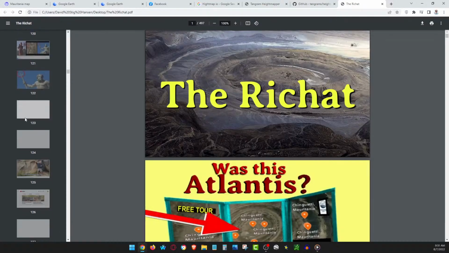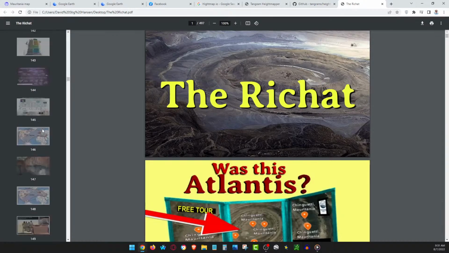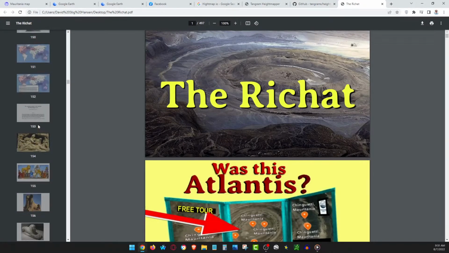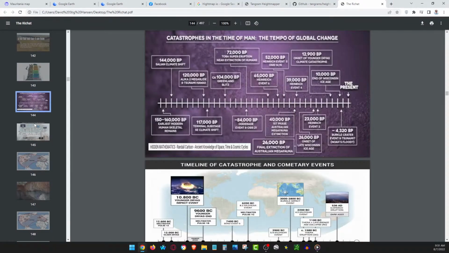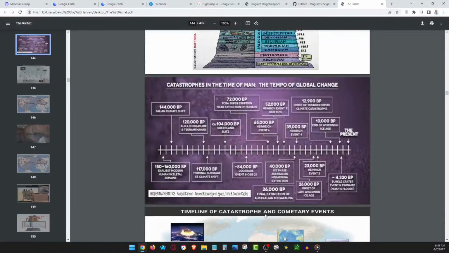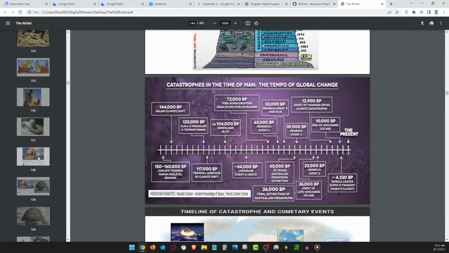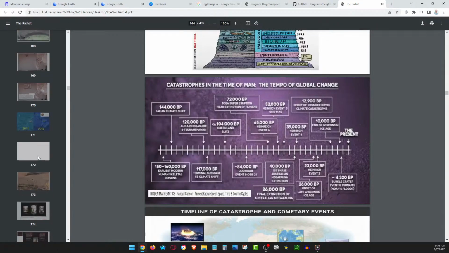And I've gone through this material before in past videos, so you can find these things. I'm just trying to find this one picture. This is a good one here that's from Randall Carlson. It's a timeline of catastrophes. I found another one here, so I put it in there. But I tend to trust Randall's for more things. I know he's recently emphasized the fact that he's been a Mason for many years.